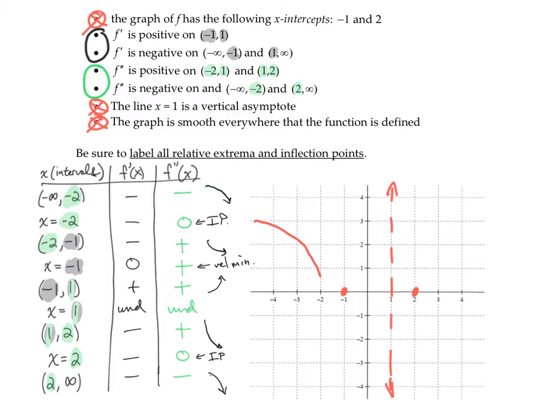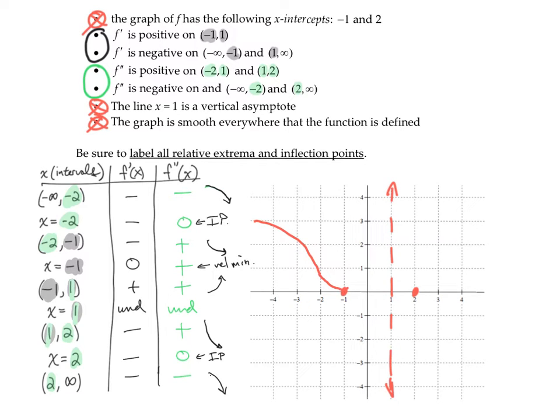And I know that I have to be above the x-axis because this is a relative minimum. So we cannot go below this value here. It's got to bottom out right there. So I've got this relative minimum here.